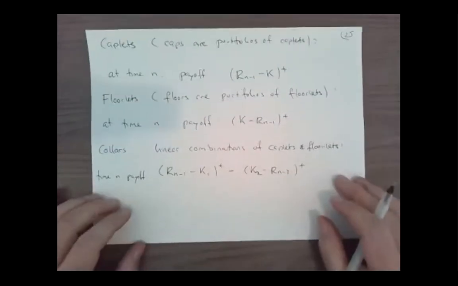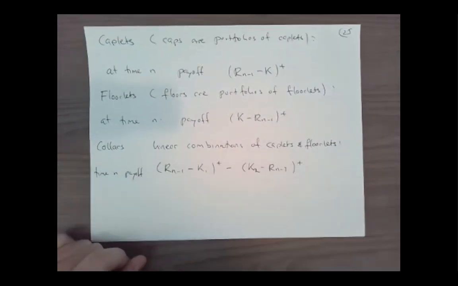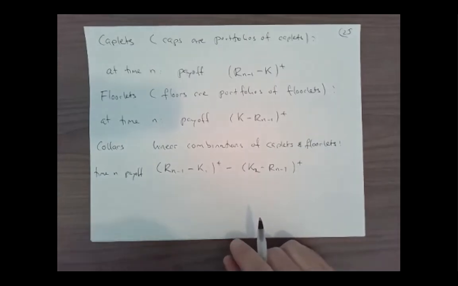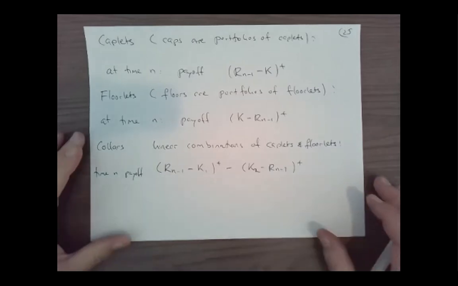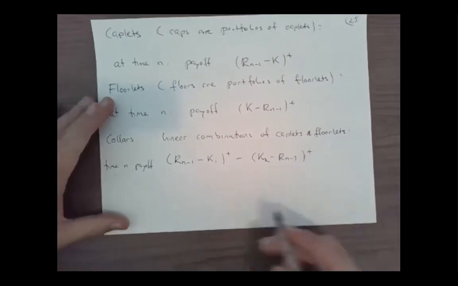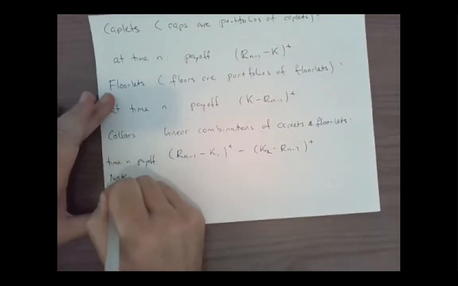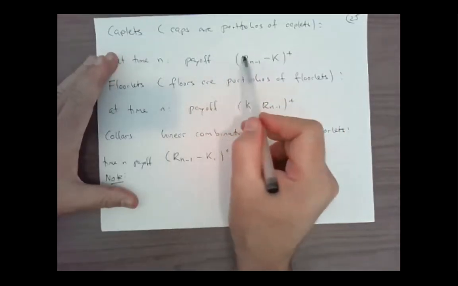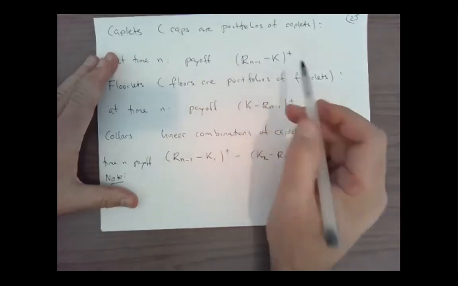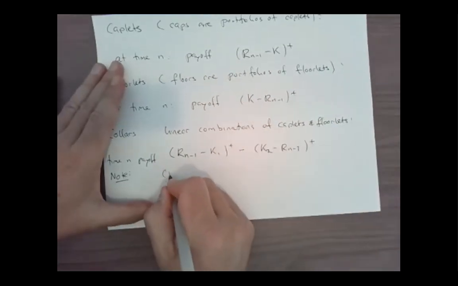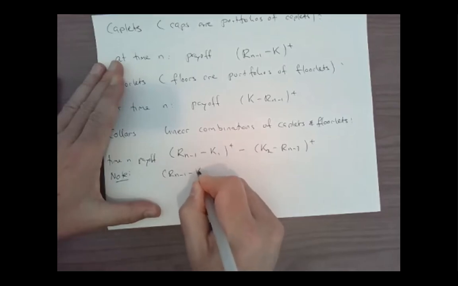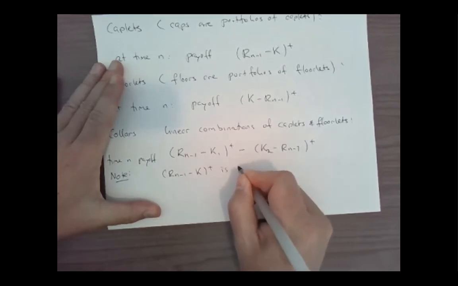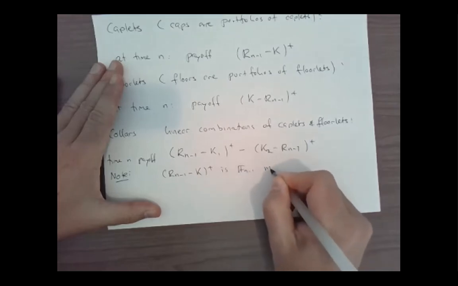And so we can be interested in pricing these, and it's going to go through the same machinery as what we did before. To price them, you can note that this one here is at time n, so the payoff R_{n-1} minus K is n minus 1 measurable.